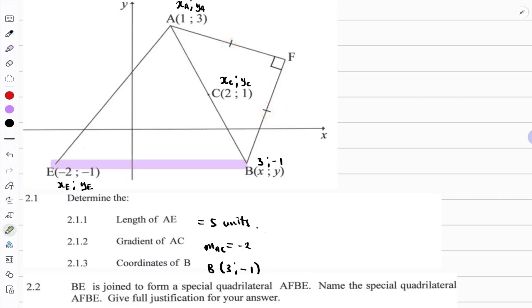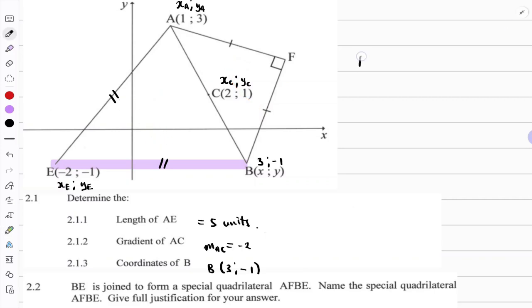So if we can somehow prove that AE is equal to EB, then AFBE becomes a kite, because adjacent sides of a kite are equal.